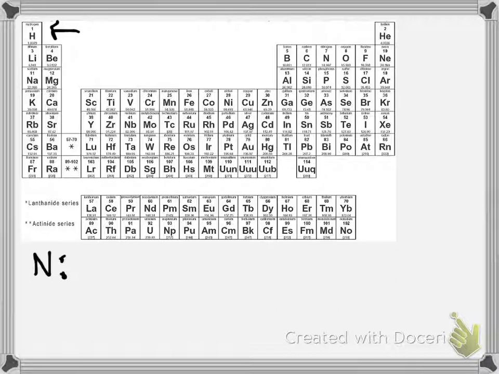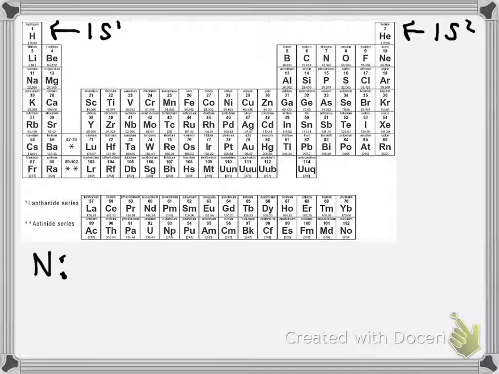And just so you know, when you look at this helium over here, it is still going to be considered in the S, so that is something to keep in mind. So this hydrogen right here is going to be 1s1. This helium is going to be 1s2.